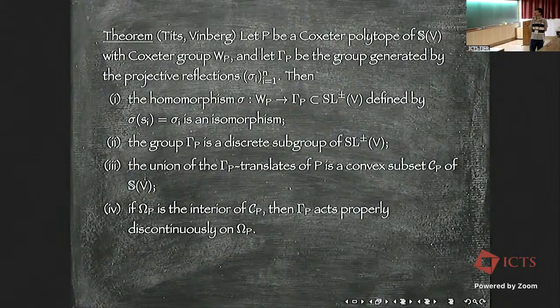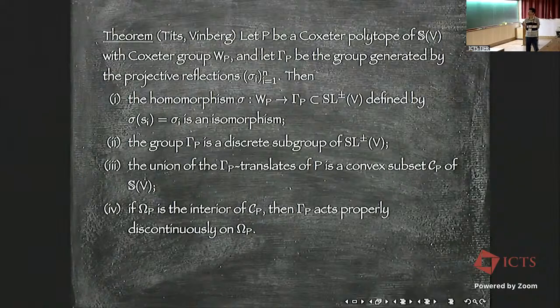Now consider gamma P, the group generated by the reflections sigma i. To define a Coxeter polytope, we need not only the polytope but also these reflections. So gamma P is the group generated by these reflections.